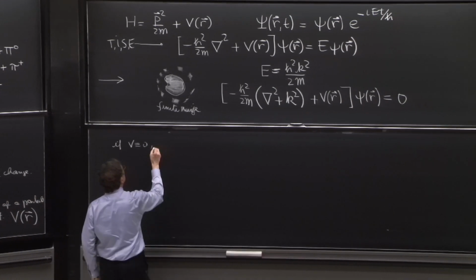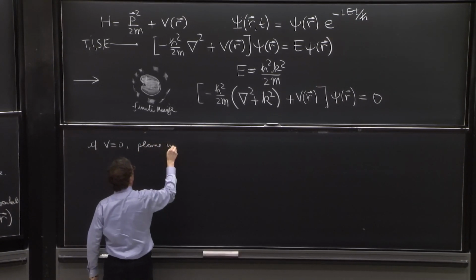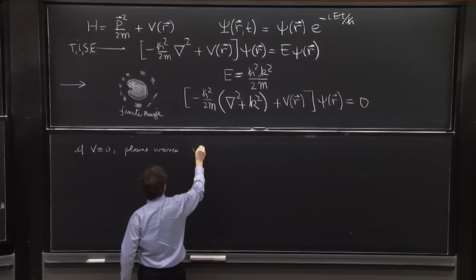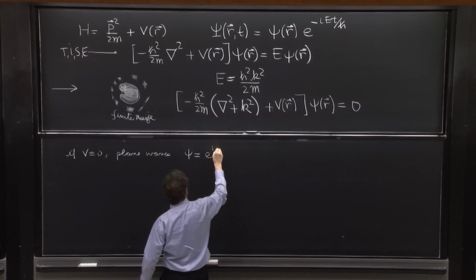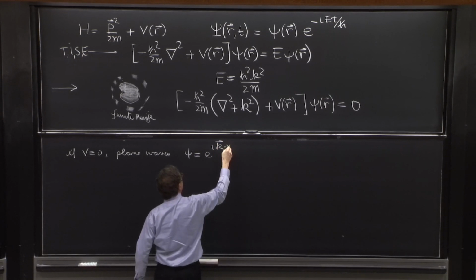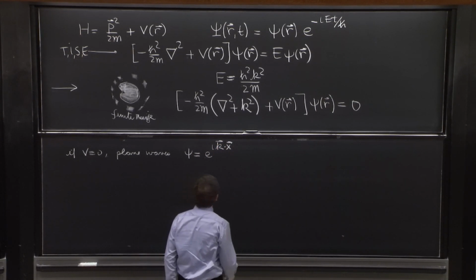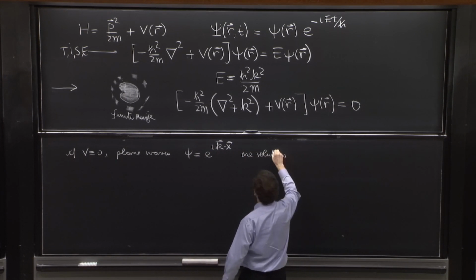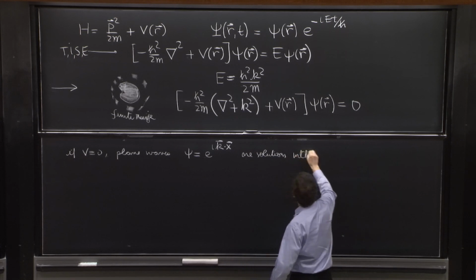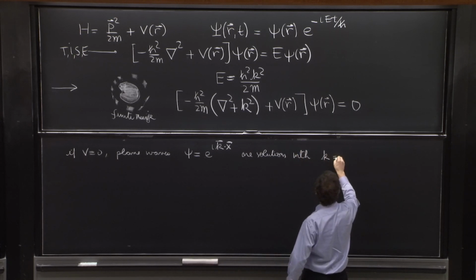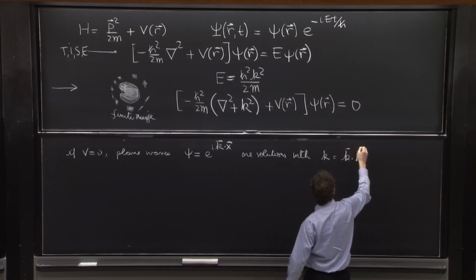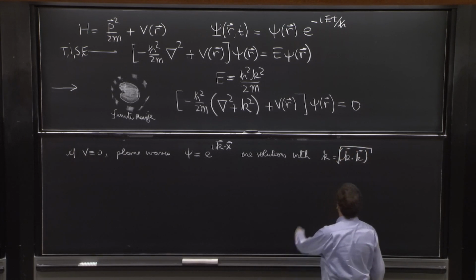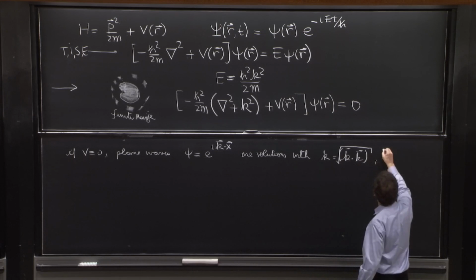So if V equals 0, plane waves of the form psi equals e to the i k dot x are solutions with k equal the square root of k dot k, or with k squared equal k dot k.